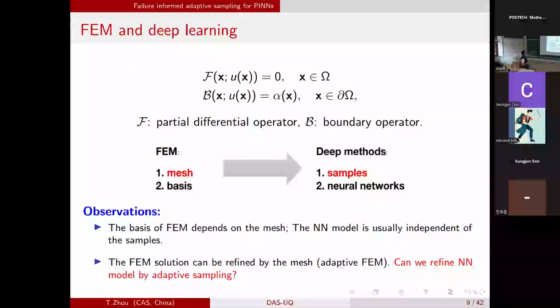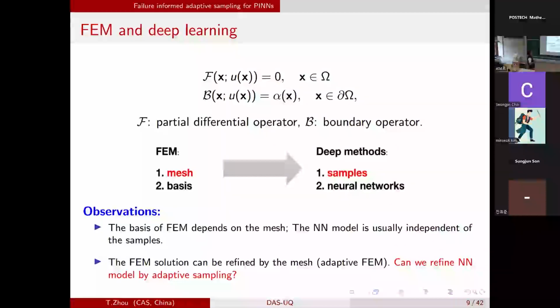As I just mentioned, you can make a comparison between the finite element method and the deep learning method. In the finite element method, in the beginning we have a mesh, and based on the mesh, we define the local polynomial basis, and based on this basis, we approximate the solution.